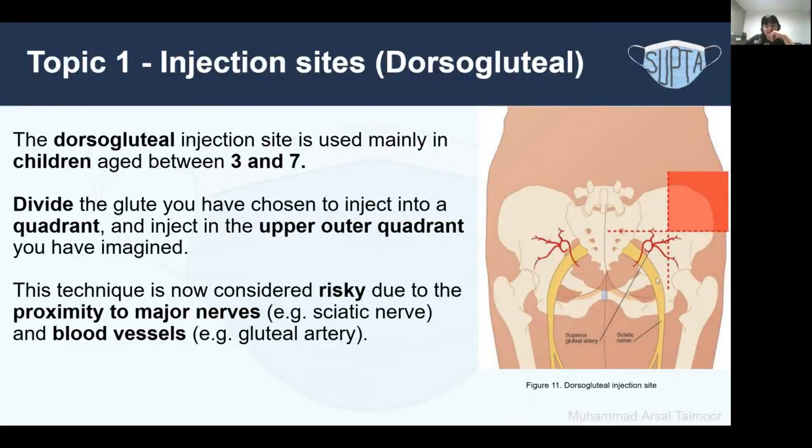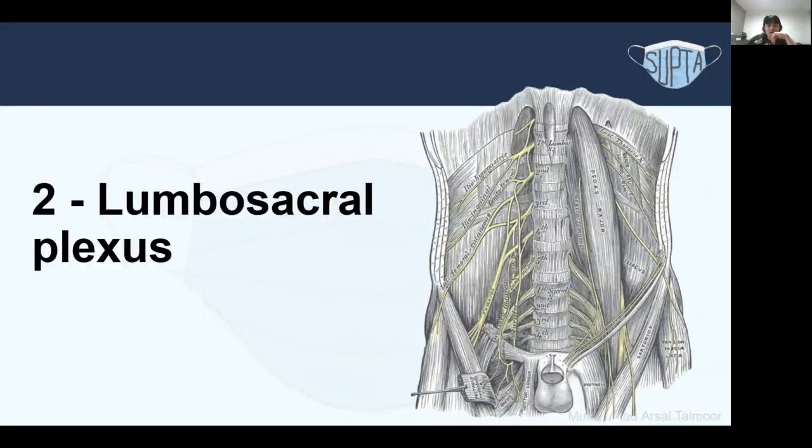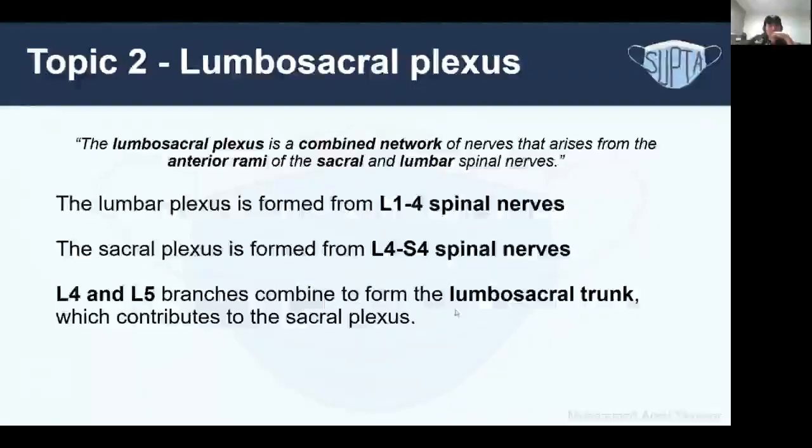It doesn't look like it in this diagram, but if you do it wrong especially, you can hit major nerves like the sciatic nerve, or blood vessels like the gluteal artery, which is why they don't really do this anymore. It was traditionally done, but from what I've read and what I know, it's not really done anymore.